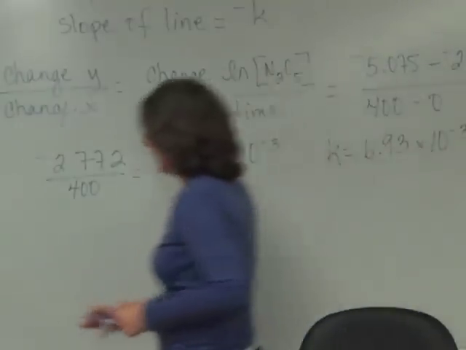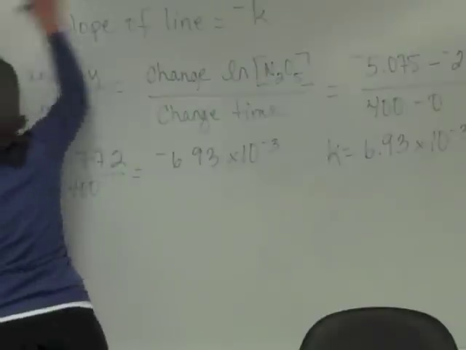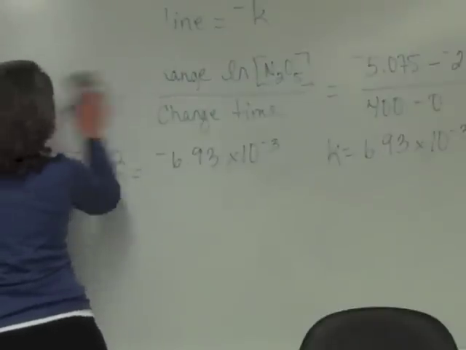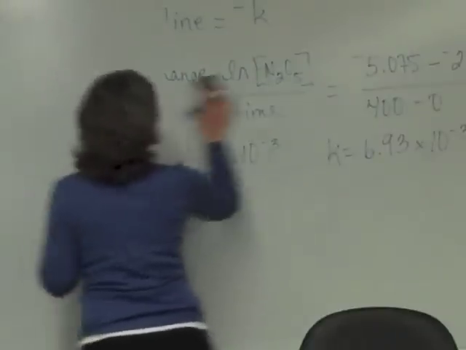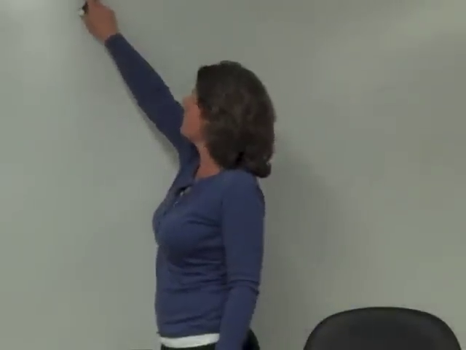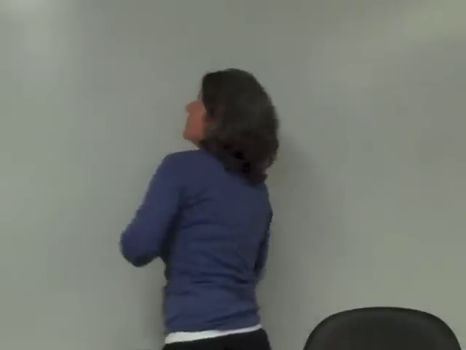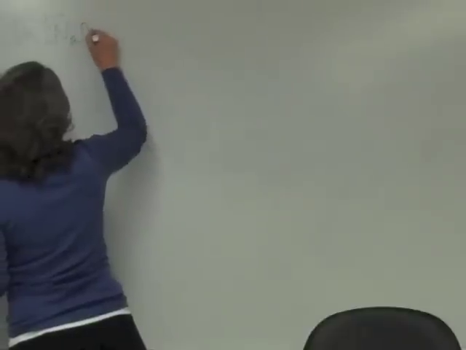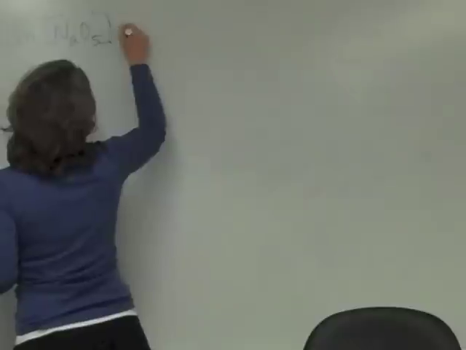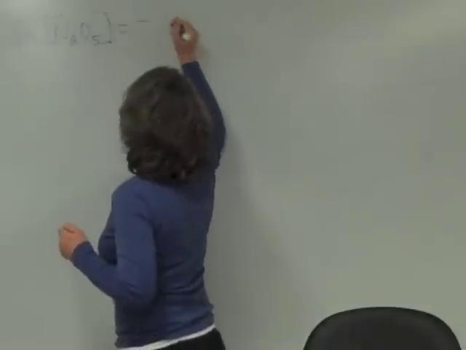So at the top, you guys here, I'm just going to write it again, just so I can keep referring back to it. Well, we're trying to find this at a time of 150 seconds. So I'm going to say the natural log of N2O5 is equal to negative.